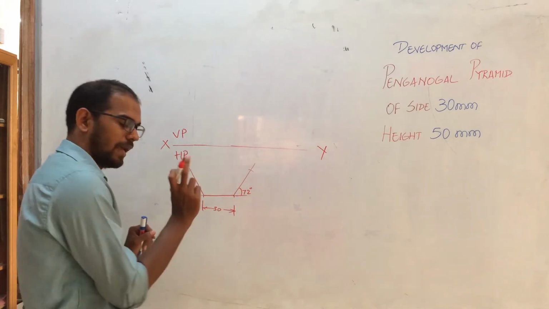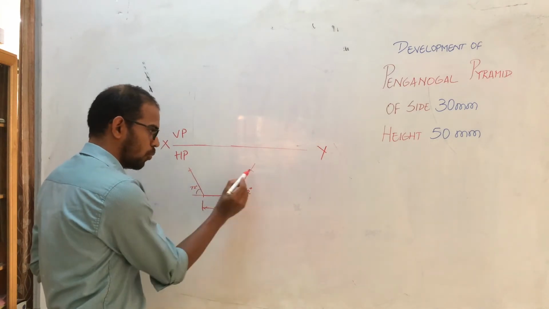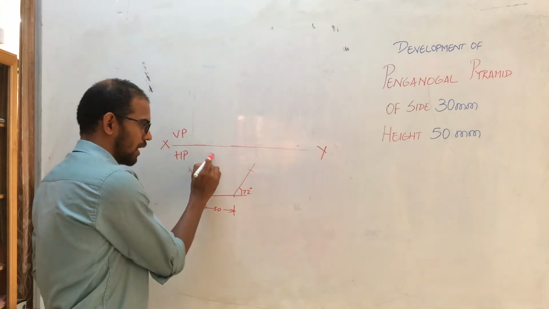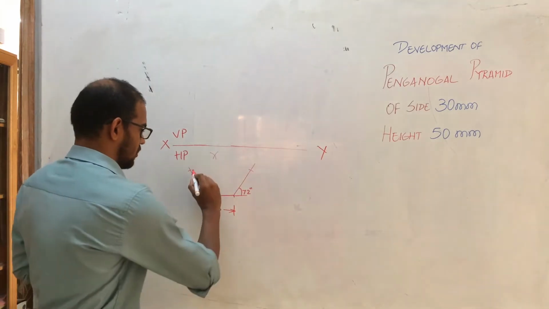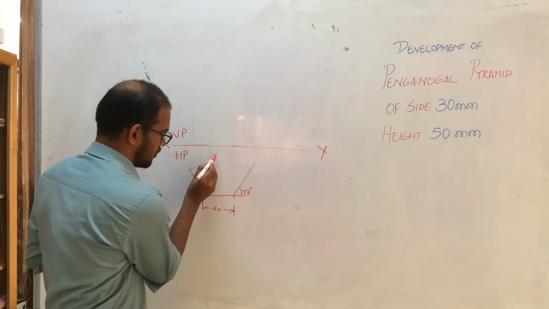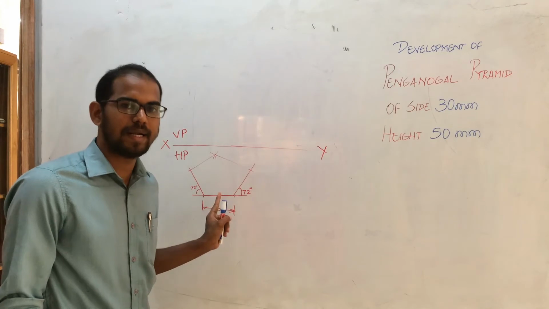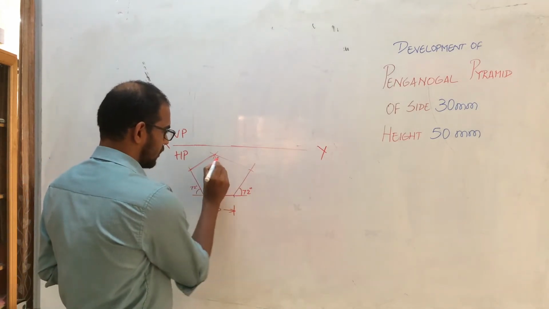After that, again take 30 mm as radius, take these 2 points as centers, and draw 2 more arcs. They will cut over here. Join these points to get the pentagon. So this is the top view of that pentagon.